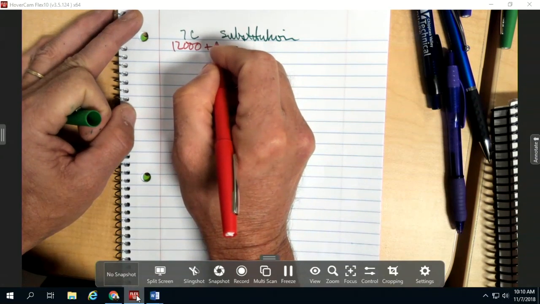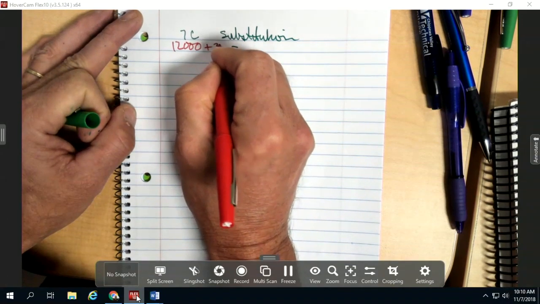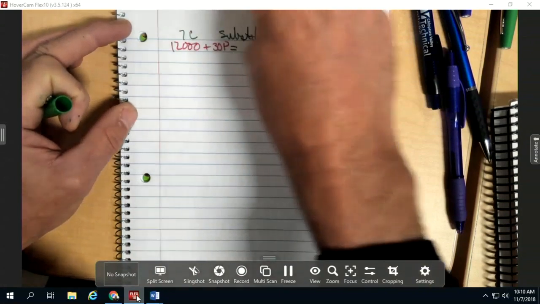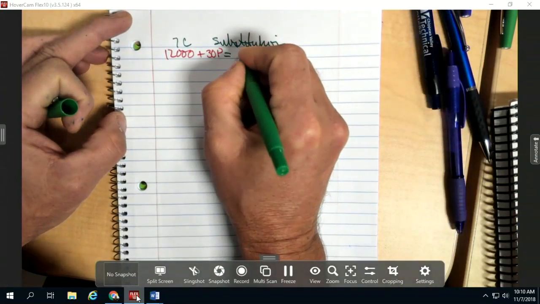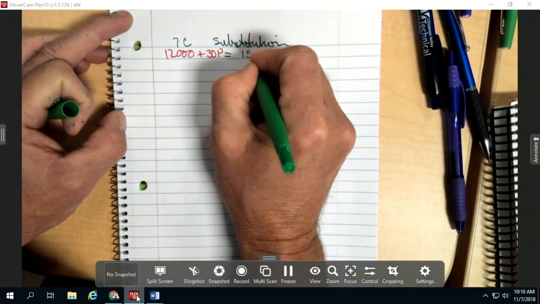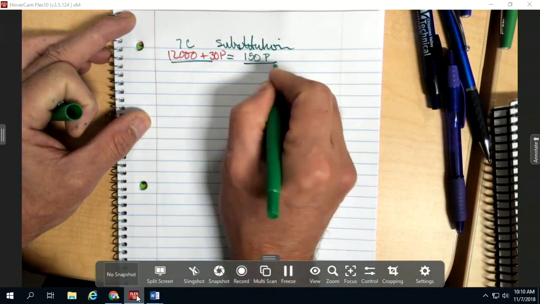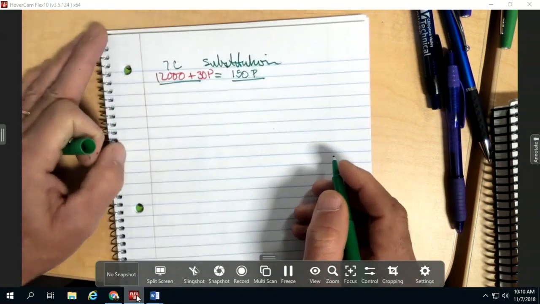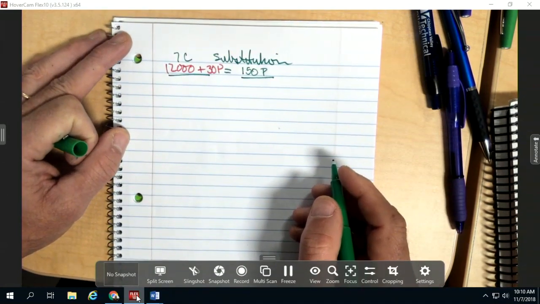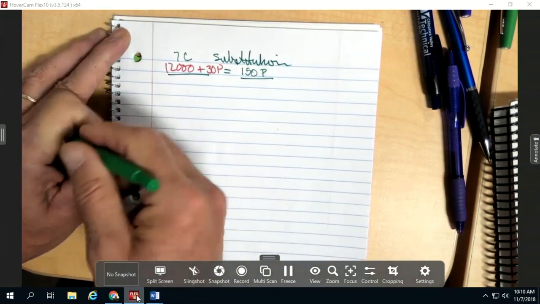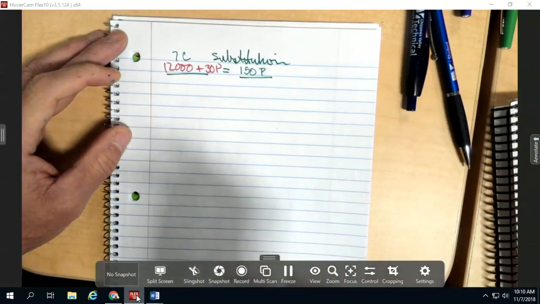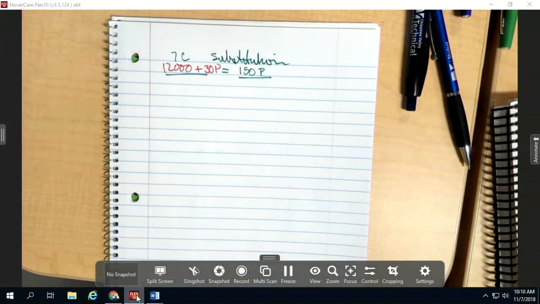I can't remember. $30 times the number of phones. And we had that equal to $150 times the number of phones. So if you can have the two equations be equal to each other, that's the first way to solve them. But sometimes that doesn't work. And the one that we're doing right now is an example of when that does not work.